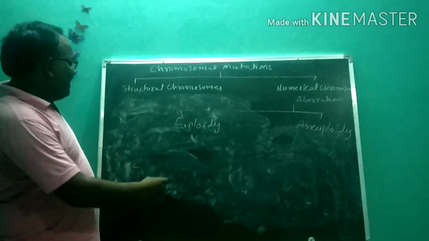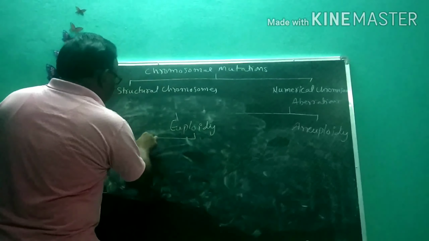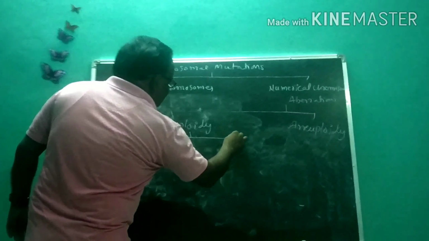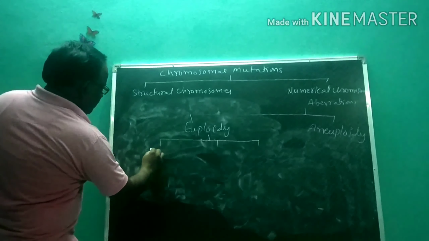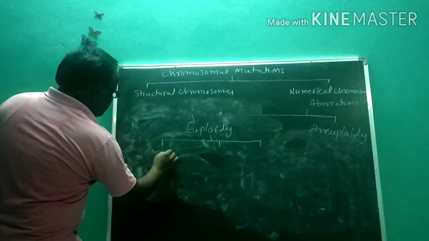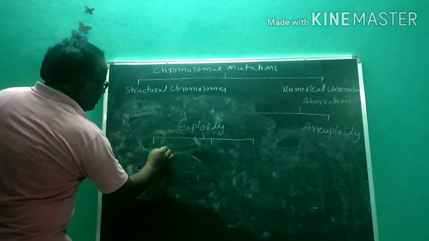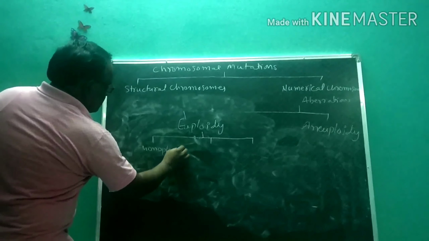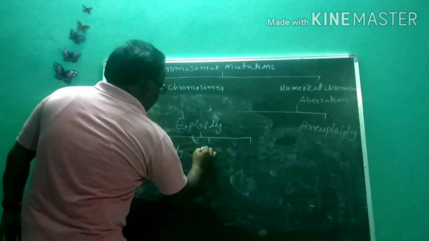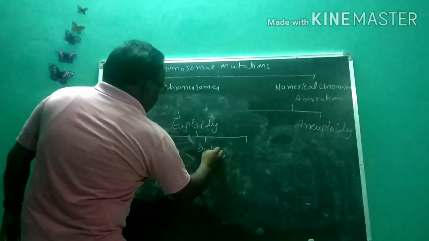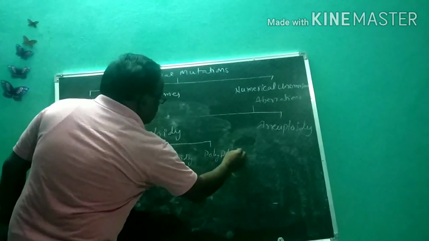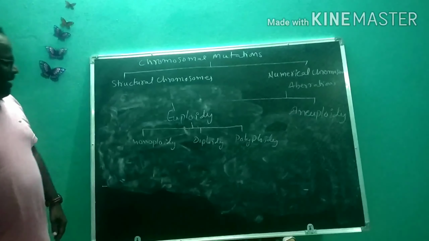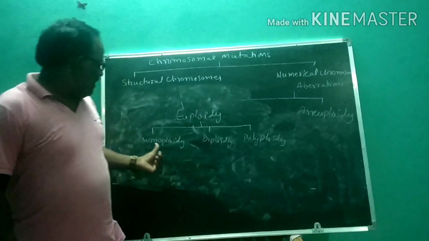So euploidy is also of three types: monoploidy, diploidy, and polyploidy.